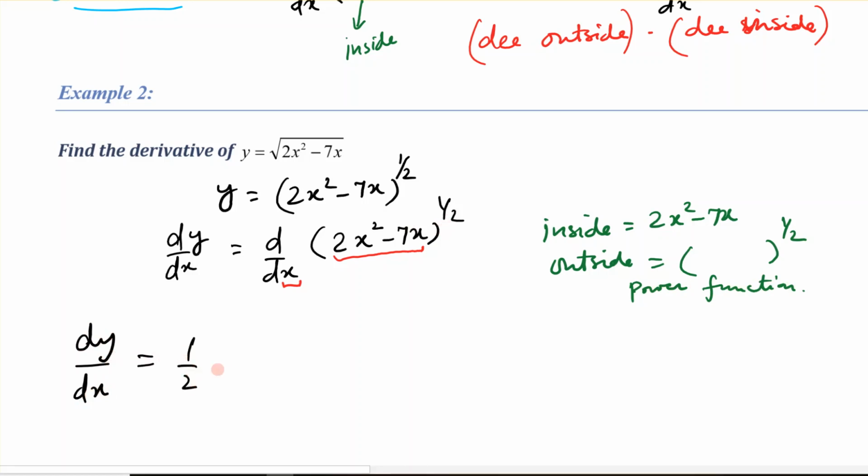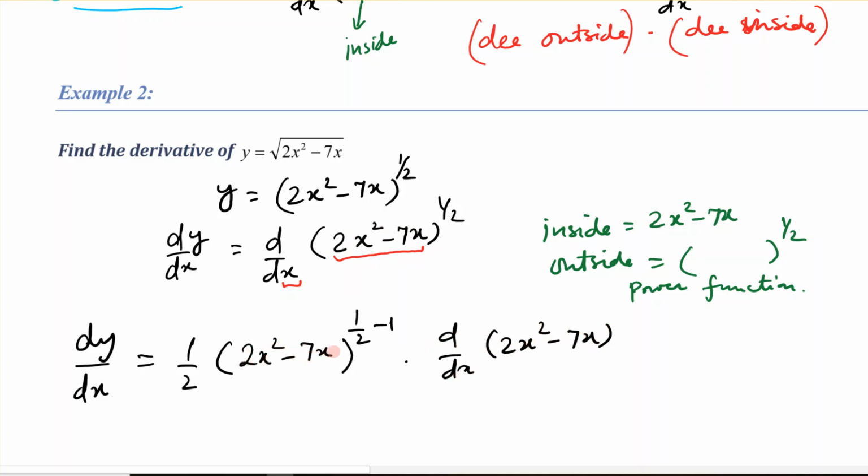So bring the power down, and that's something raised to power half minus 1, reduce the power by 1, times the derivative of inside. So the derivative of 2x squared minus 7x. And I'm just going to write our inside here. So we get half times 2x squared minus 7x raised to power negative half, times 4x minus 7.